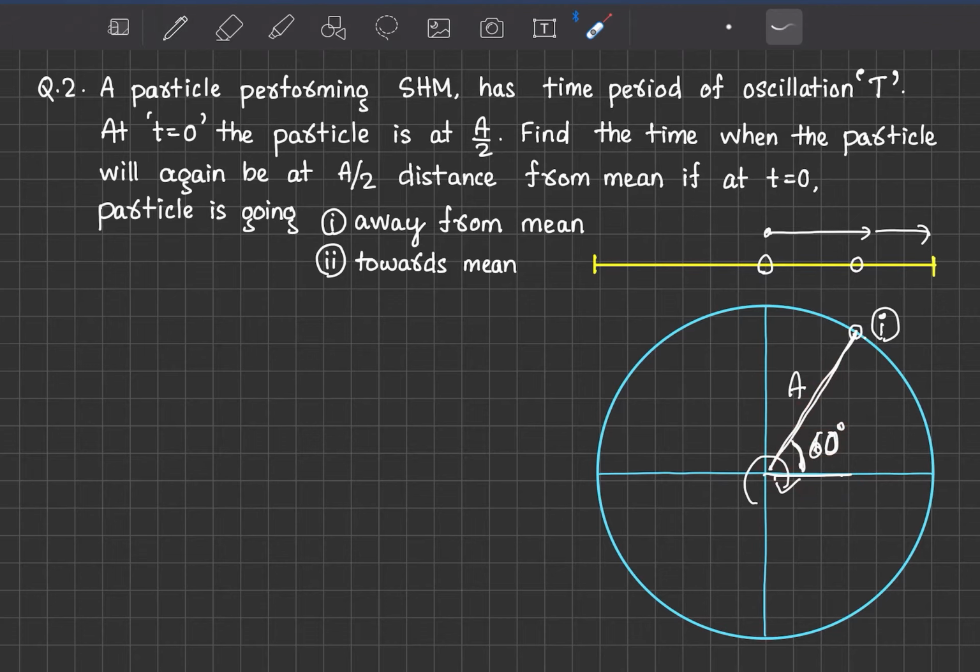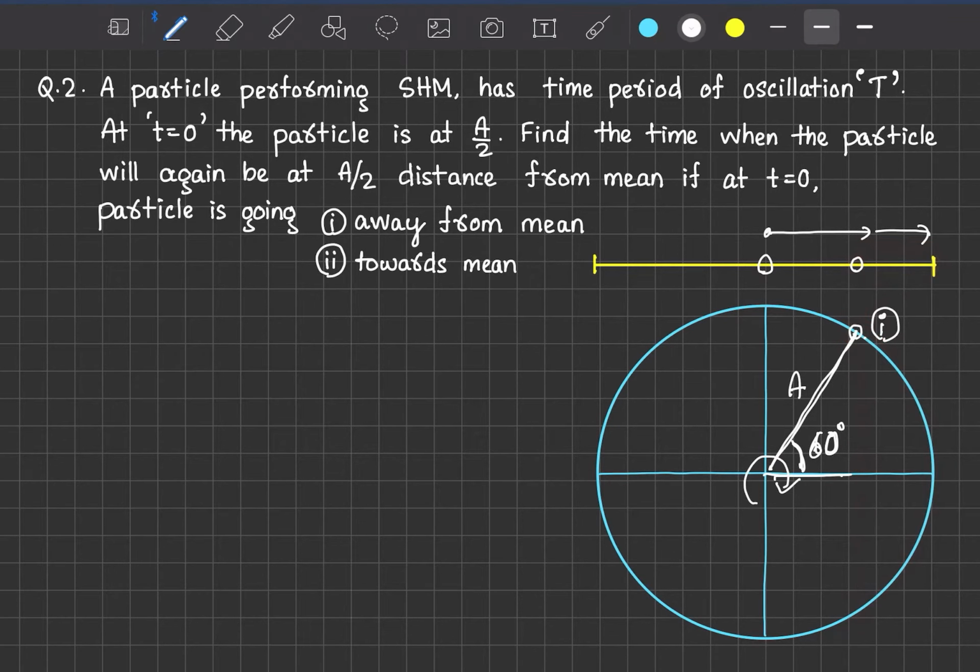Now it is asking when the particle will be again at a by 2. If it is at a by 2 and moving towards right, again it will be at a by 2 if it comes back and reaches there, right? That means in the circle the particle should move to the corresponding bottommost position, which is at a by 2 distance from the mean.